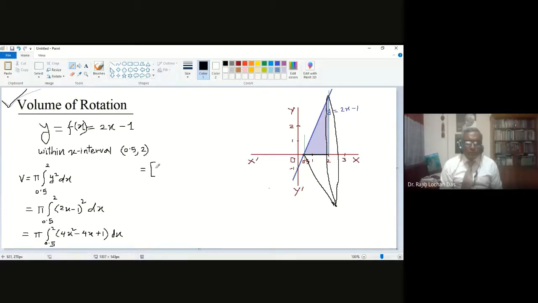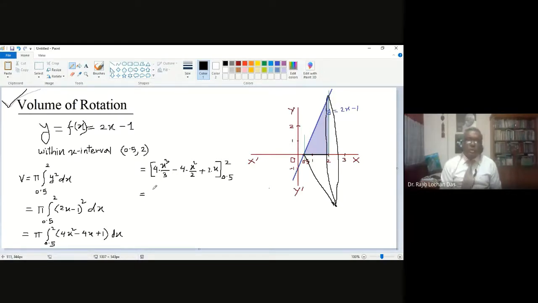So it will be 4 into x cube by 3, and then minus 4 into x square by 2, and then plus 1 into only x. So this is the integration result. And you use the third bracket and the lower limit of x, upper limit of x. And you put the upper value first.